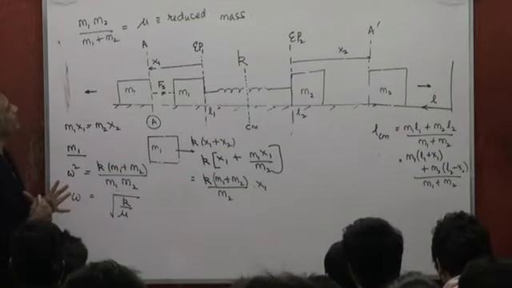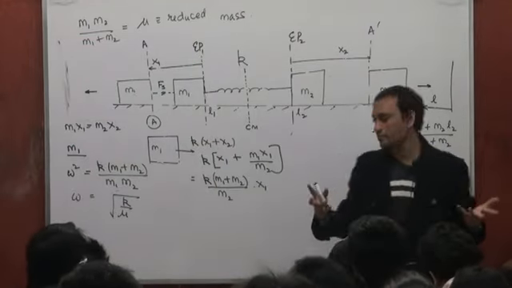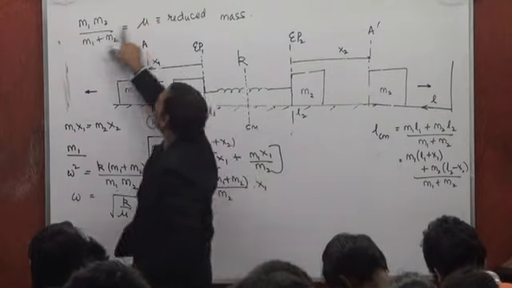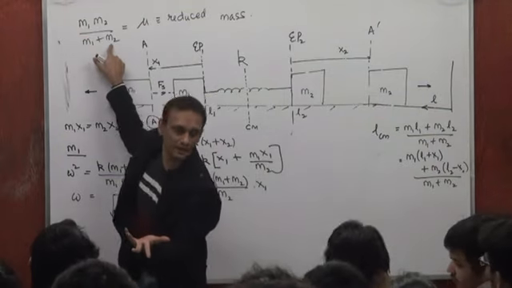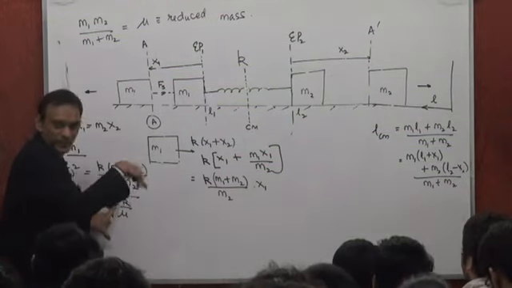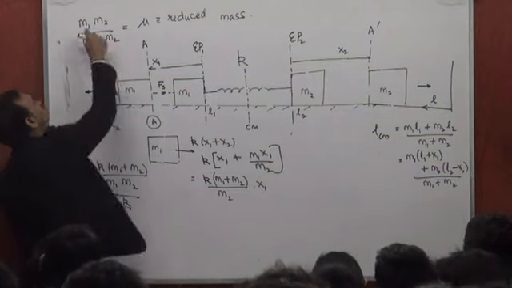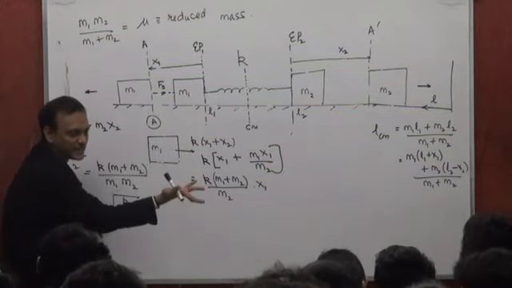Now, one thing. When you look at m2, similar things would happen. Again, this will become m2 m1 by m1 plus m2, and the k will still be the same as the k earlier. The spring will make its appearance as k right here. And this mu would be m2 m1 by m1 plus m2, which is the same.